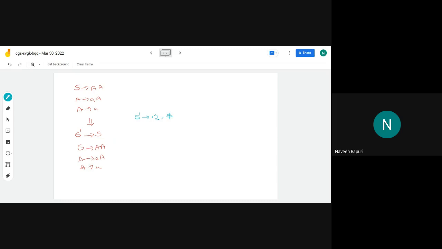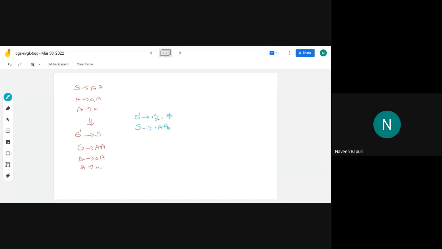Initially, for the first production, we add the lookahead symbol as dollar. After that we use closure for adding more productions. We check whether there is any non-terminal after the dot. Yes, there is a non-terminal, so we need to add the S productions, with the dot at the start.